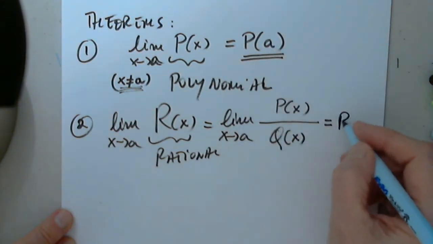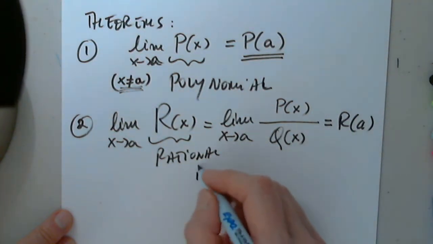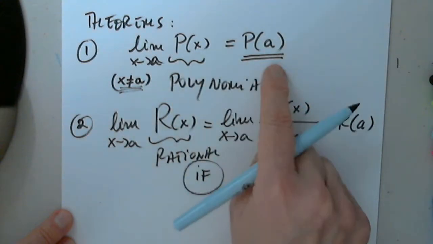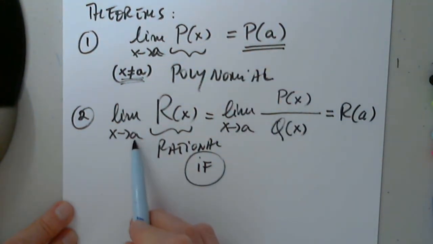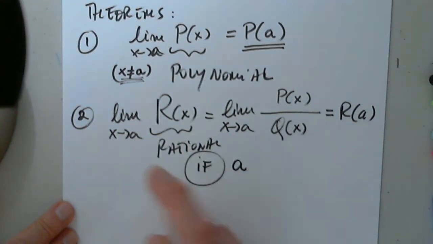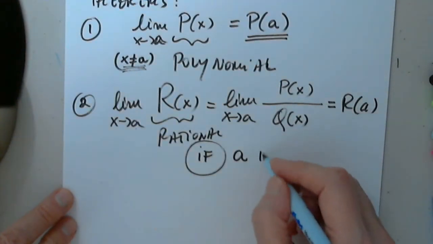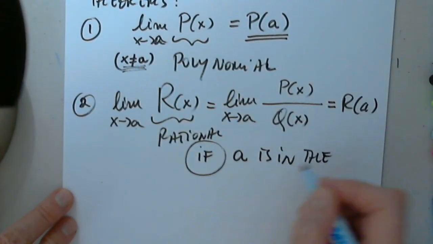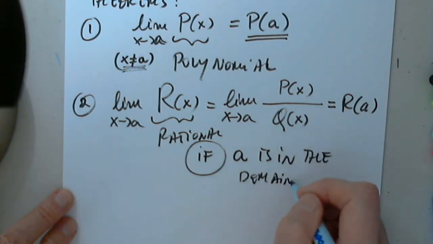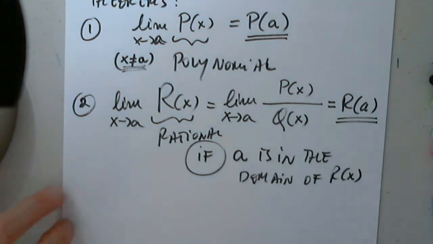I can write R of A, the function plugging in A. But there is a big if here, which we did not have with polynomials. Only if A is in the domain of this function. If A, little a, this number, 5, 10, pi, if A is in the domain of R of X. Otherwise, this does not work because I cannot get a number.